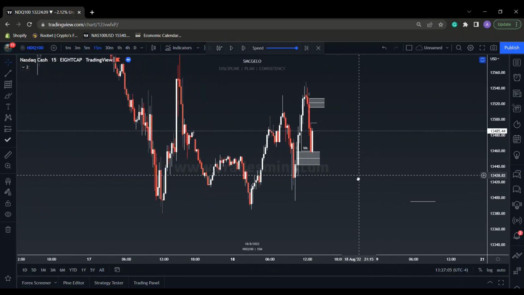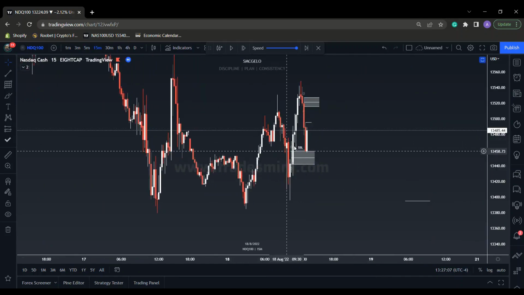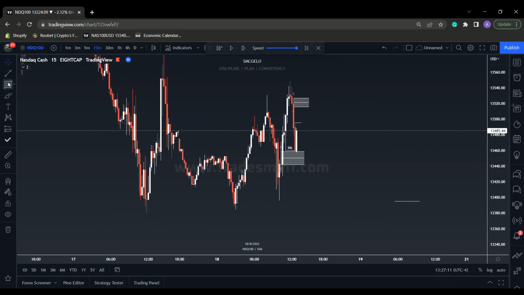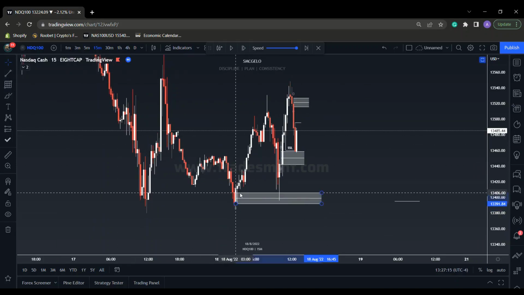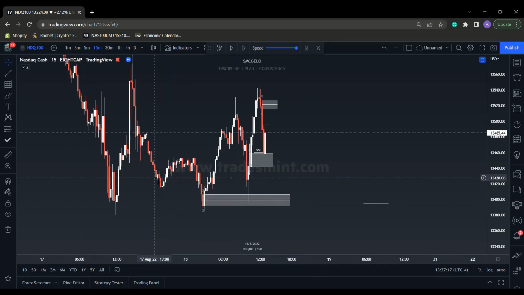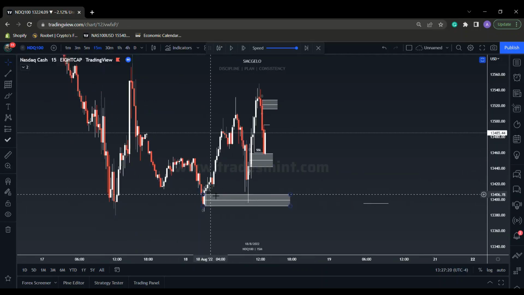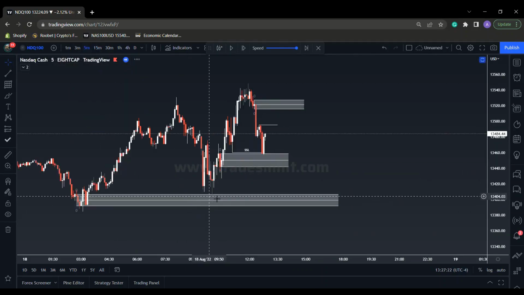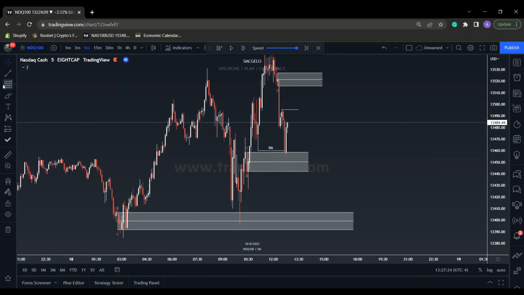So as you can see, people were buying from this area right here on the 5-minute that I marked up, but if you look on the higher time frame, like the 15-minute, we had a demand zone sitting below it, all the way below it. Okay, so once again, people could have been buying from here. People can buy in from all in here.